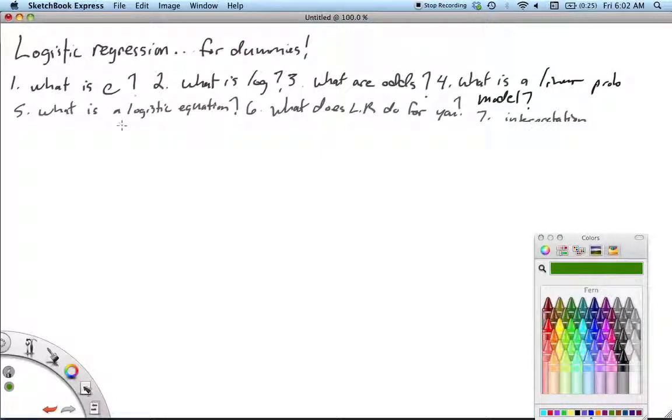Okay. So the main thing to know about the function e to the x is that it's equal to its own derivative.